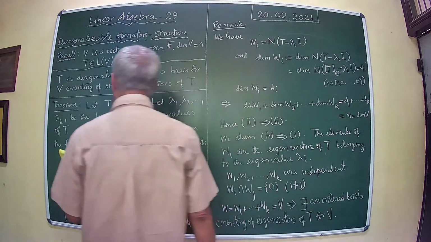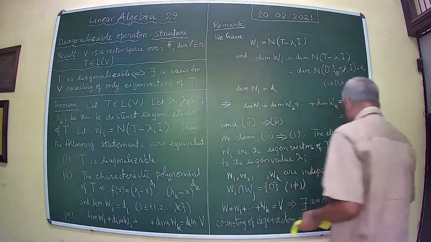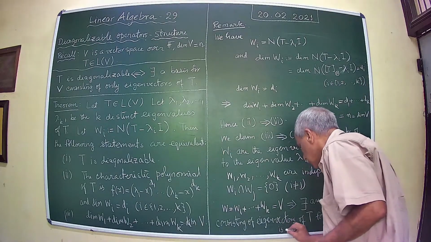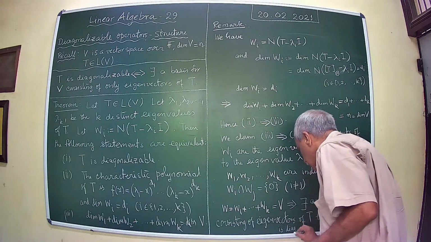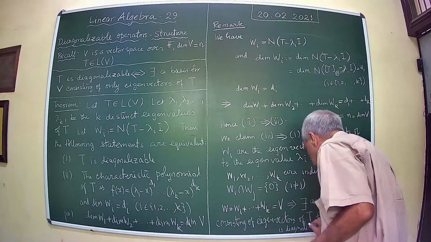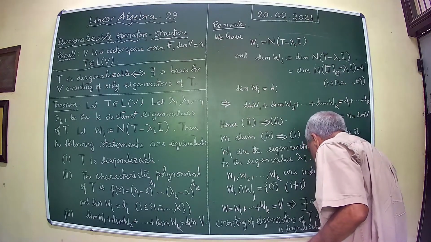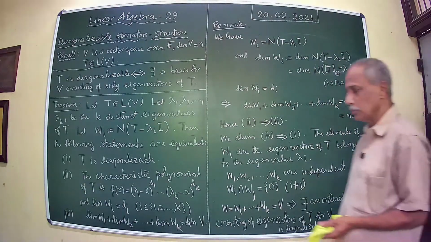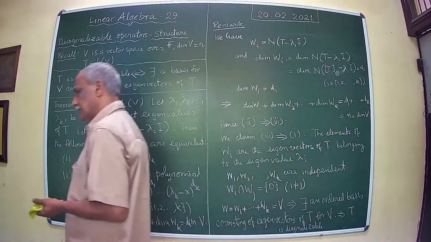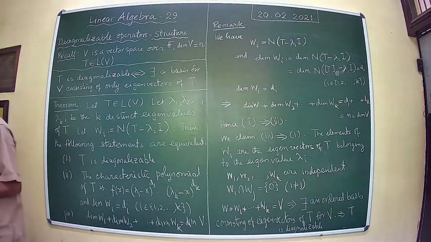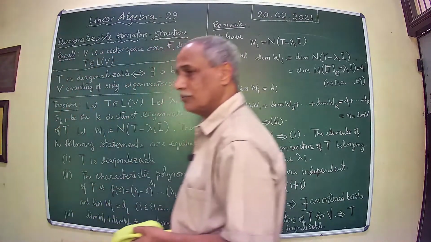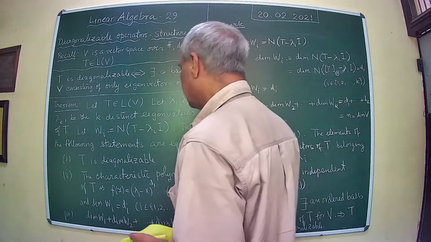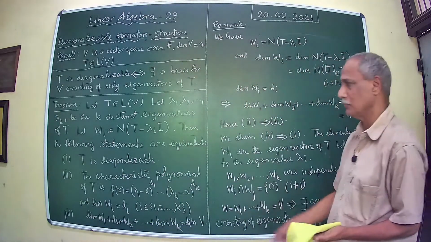This is simply diagonalizable. So we have proved 1 implies 2, 2 implies 3, 3 implies 1. Therefore these three statements are equivalent. It's a very useful concept.